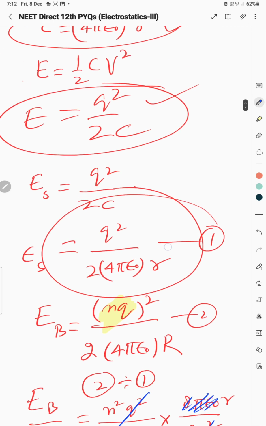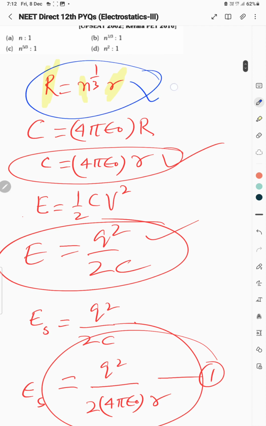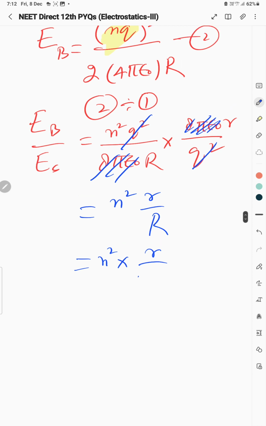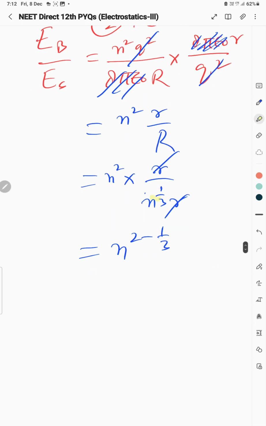Now the capital R, as you can see in the beginning, is n power 1 by 3 times small r. So I should write this thing as n power 1 by 3 times r. These two r's cancel. This becomes 2 minus 1 by 3 because now I have taken this thing from the numerator to the denominator. Isn't it?